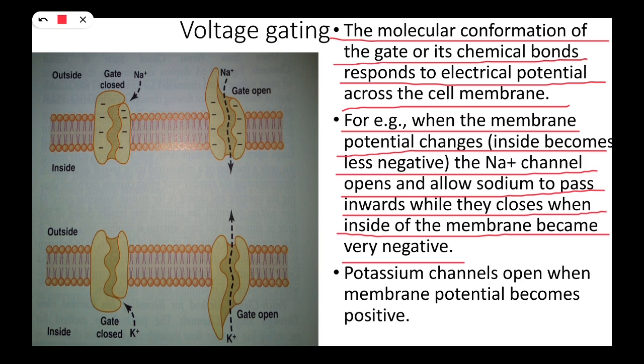So if the membrane potential is positive outside and negative inside, then the gate is closed. But if it changes a bit and becomes less negative, then the sodium gated ion channel will open and sodium will move inside. While if the membrane potential inside becomes relatively positive, only then the potassium ion channel will open and potassium will be released outside. Potassium channels open when membrane potential becomes positive.